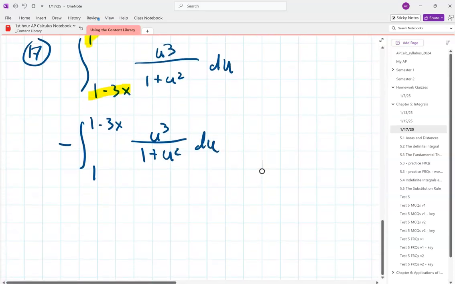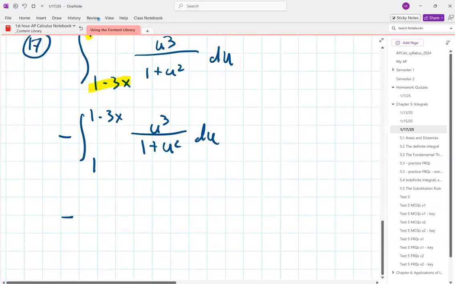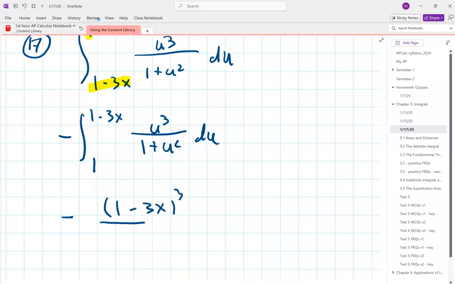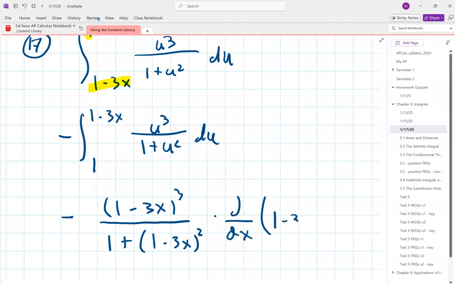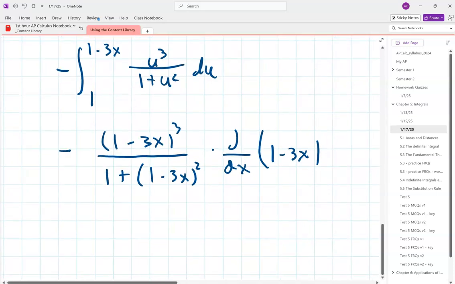Now if I take the derivative, I'm going to replace my u's with that 1 minus 3x. And then I have times the derivative of that 1 minus 3x. From there, it's just simplifying some stuff out.